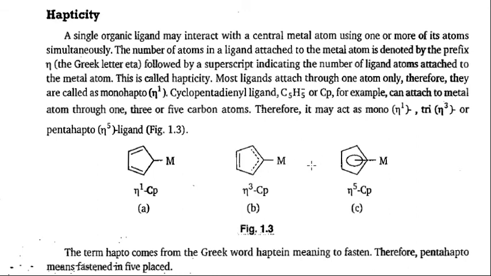And in this example, the hapticity is 5, because all the atoms are delocalized and all 5 carbon atoms are attached to this metal atom. That's why the hapticity is 5. So I think you have understood clearly what hapticity is and how to denote it with eta.